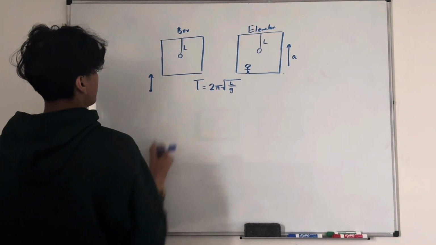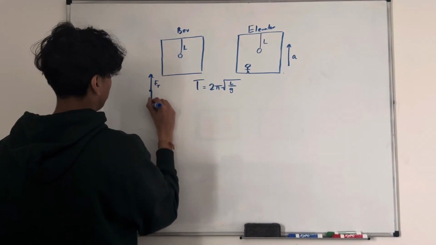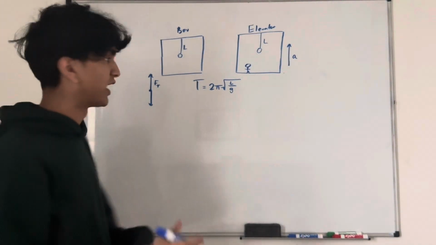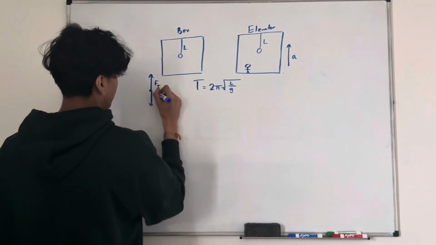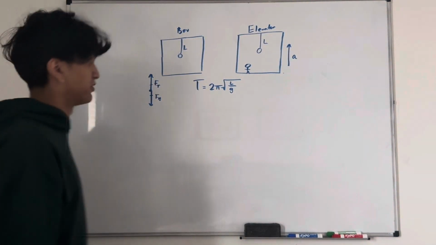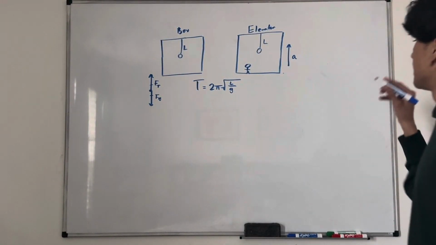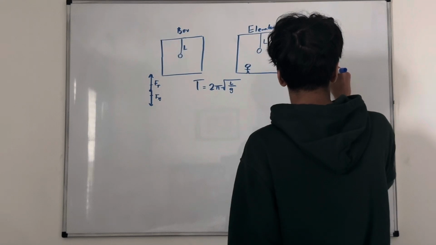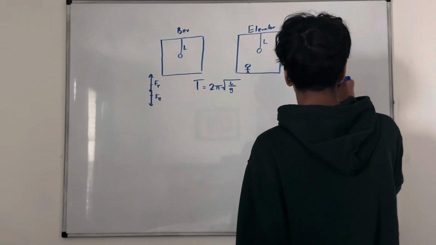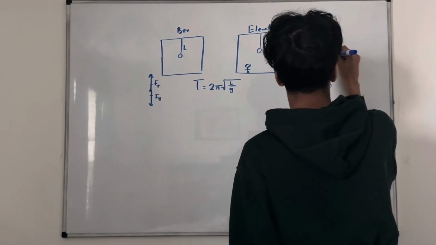I would draw an FT, the tension keeping it still, and this is before I get it swinging. FT keeps it still, and the weight of the pendulum drags it down, and those forces are equal because it's not accelerating. In the elevator situation, I would have the same FG pulling down, but there would be a greater FT causing that acceleration.